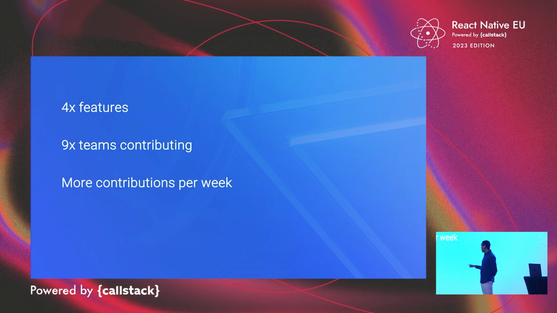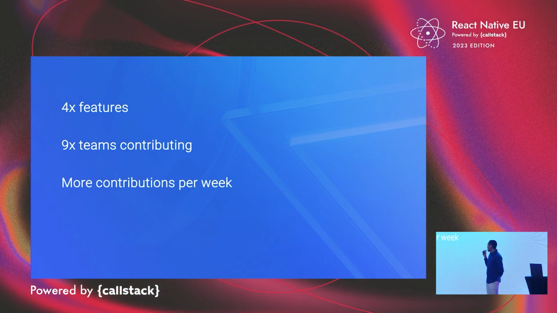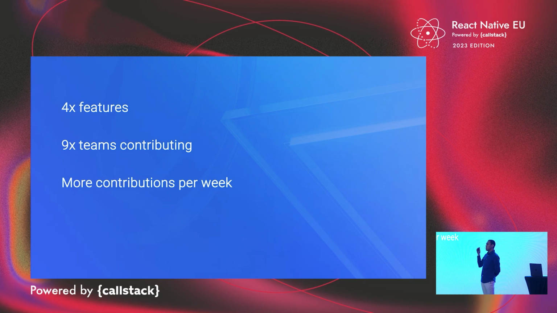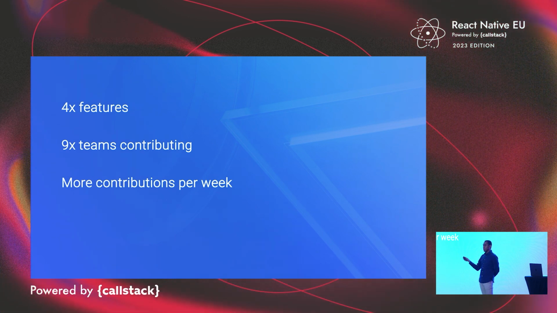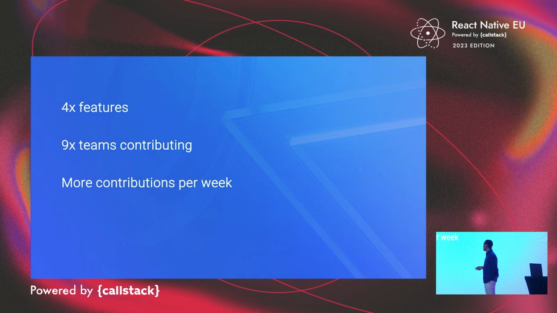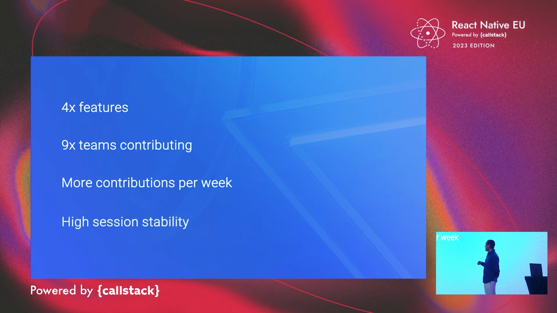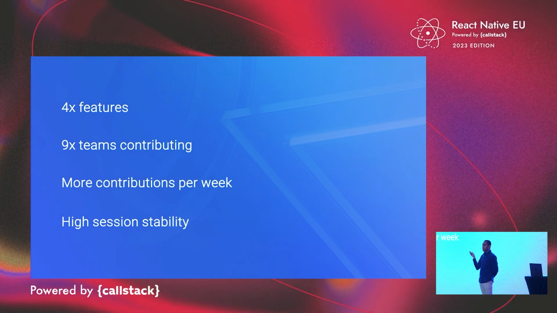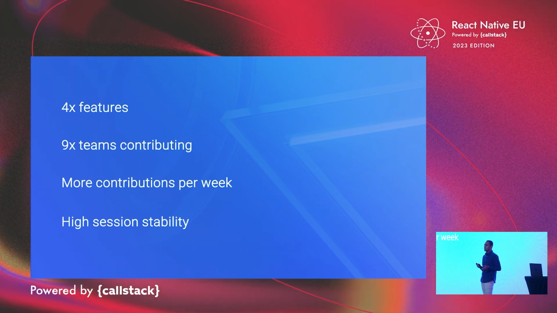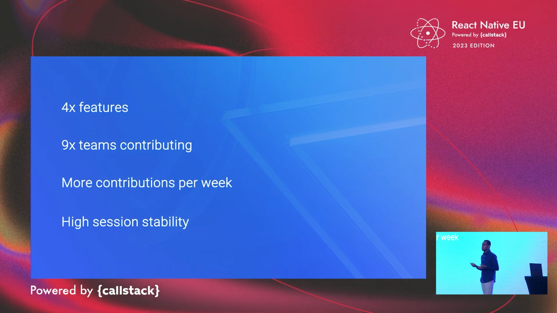We were also able to scale the number of contributions per week, meaning the number of PRs going into the main branch per week. And lastly, we were able to have a very high session stability with a very low percentage of crashes in production.